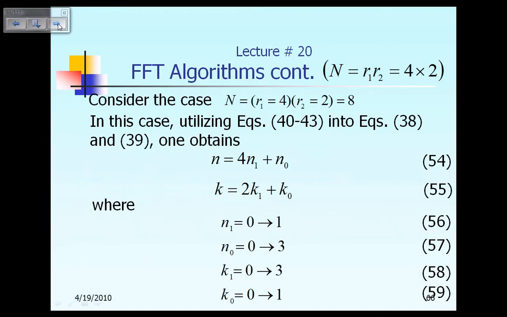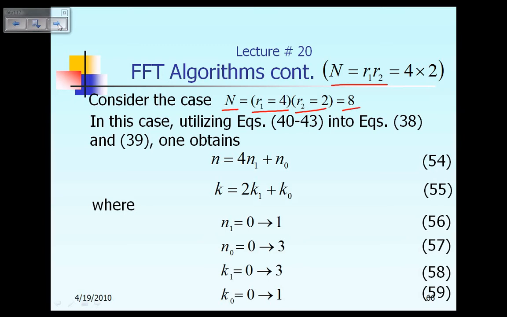Okay, so in this lecture number 20, we will look at the situation where the number of sample data points, capital N, is equal to the product of two integers R1 times R2. Specifically, we assume R1 equal to 4, R2 equal to 2, and therefore capital N is equal to 8 data points.